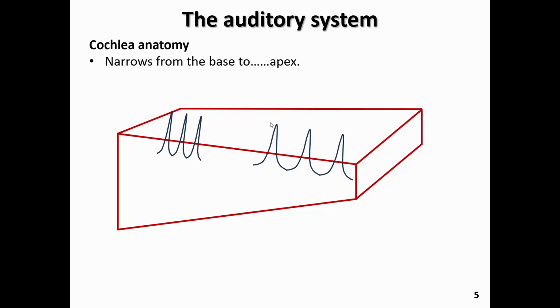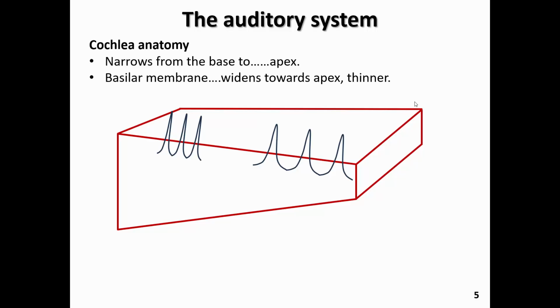In this illustration, I try to show how the base narrows that portion of the cochlea if we roll it out. On the next slide will be a more accurate picture. But now, the basilar membrane widens towards the apex and becomes thinner.